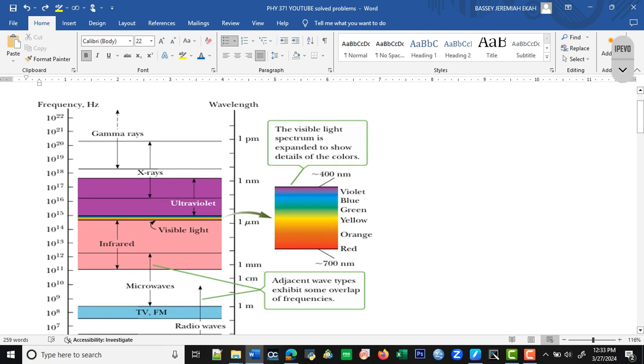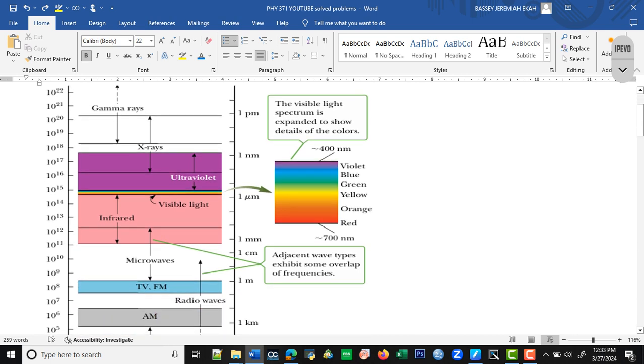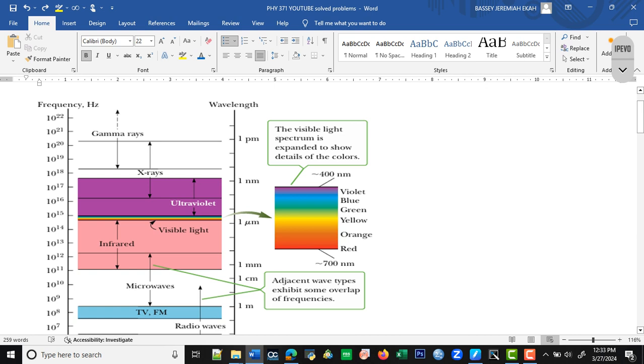Looking at this figure, you will see the order of arrangement of electromagnetic waves and their frequencies and wavelengths. By my left here, you see the frequency in hertz, and by the right, the wavelength.